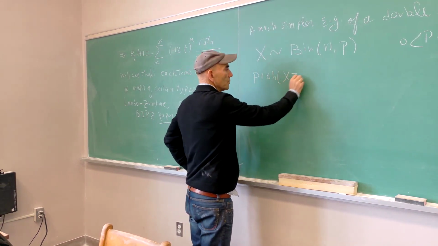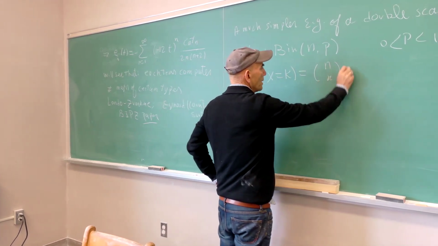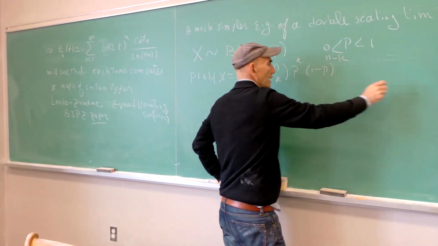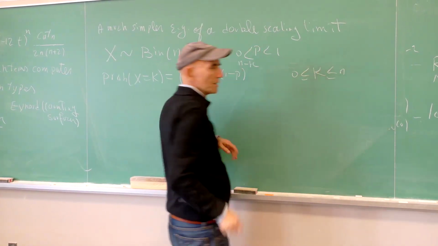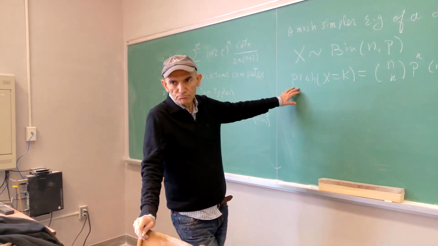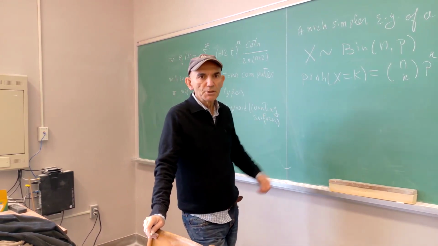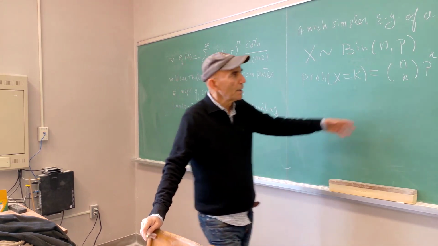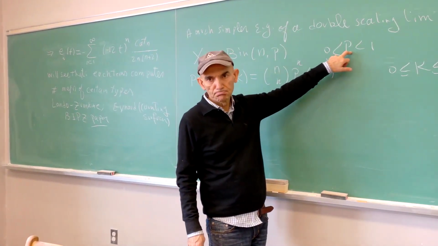Probability of X equal to K is equal to N choose K times P to the K times 1 minus P to the N minus K, for K between 0 and N, and it's 0 everywhere else. So this is the famous binomial distribution, the result of flipping a coin N times and measuring the probability of getting K heads, for example, if the probability of getting heads in one try is P.